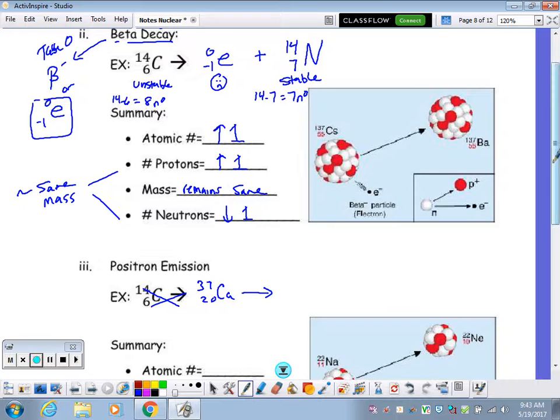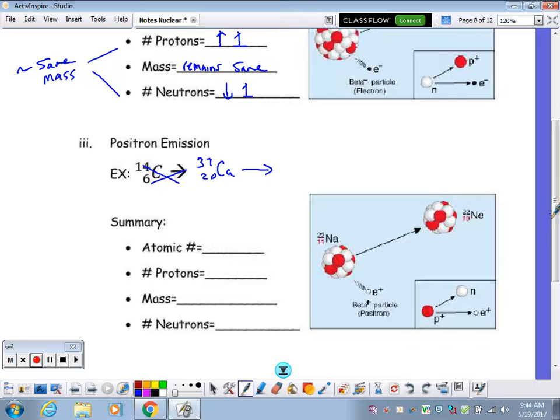The last natural decay process you need to be familiar with is positron emission. Carbon-14 does not participate in a positron emission, but calcium-37 does. Once again, we identify the decay mode. Go to your Table O to help come up with the possible ways to represent the decay mode. The positron uses the beta symbol like the beta particle, but instead of a negative sign, a positive sign.